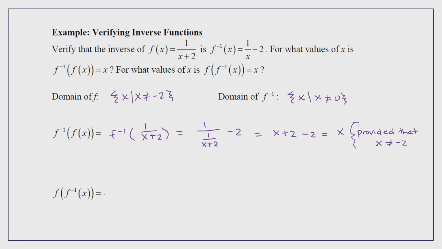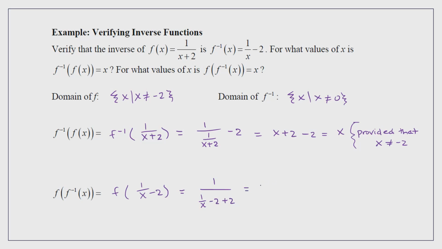Now f of the inverse function of f of x. So the inverse function is 1 over x minus 2. We're going to substitute that into f of x. So that's 1 divided by x minus 2 plus 2.